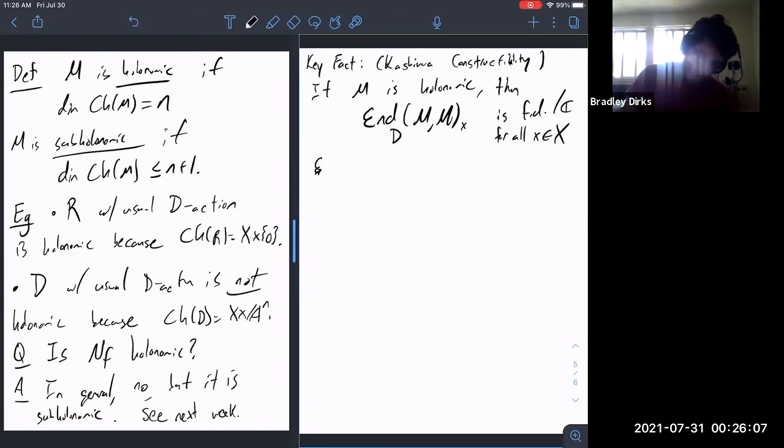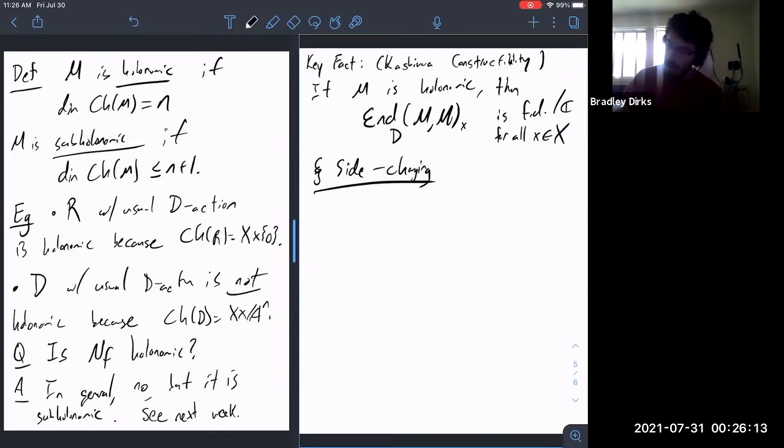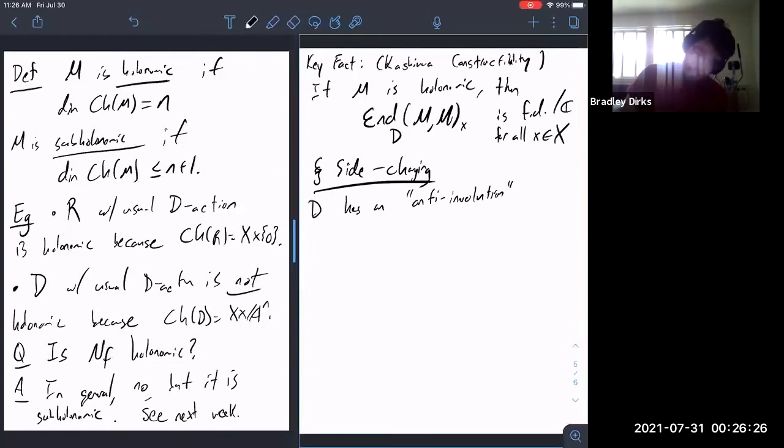Okay, great. So now maybe there's a new section, which is short, and it's going to be quickly about side changing. So this ring D has an anti-involution, what I think is called the classical adjoint, defined by, we write P as these polynomials, the sum of P alpha x D to the alpha.